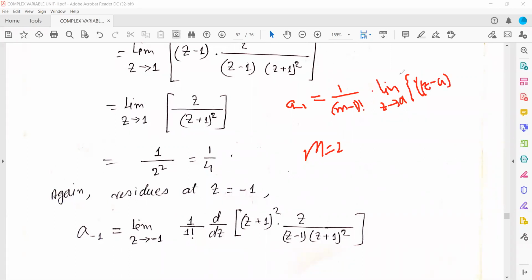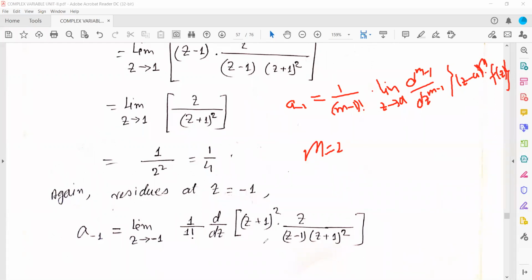Sorry, here it will be differentiation. This is the formula, is it now?